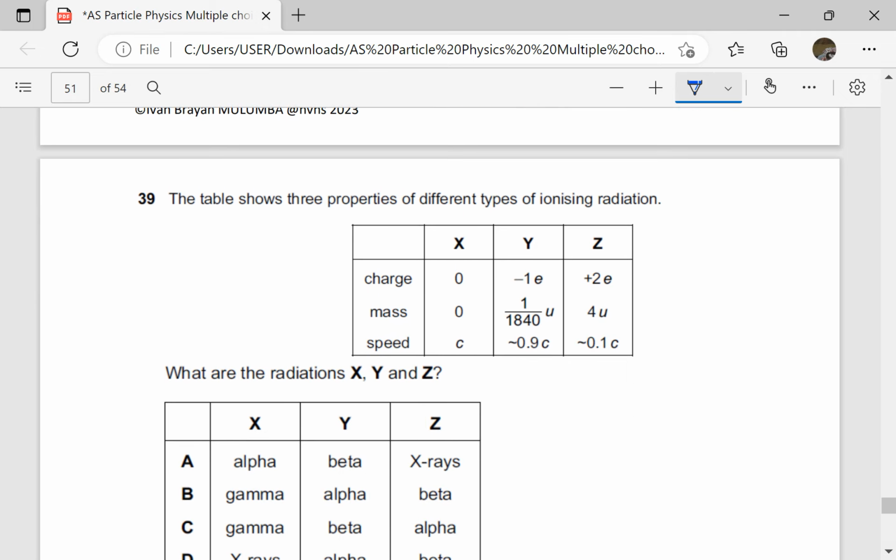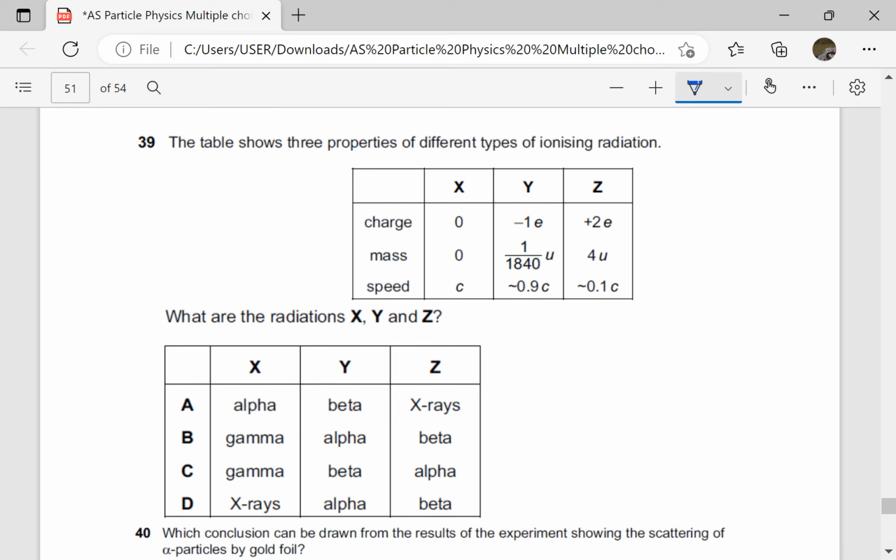The table shows 3 properties of different types of ionizing radiations, X, Y, and Z. Charge 0, 0, speed is c. Mass 0, 1 over 1840 u, Z 4u. What are the radiations X, Y, and Z? So Z must be an alpha particle.